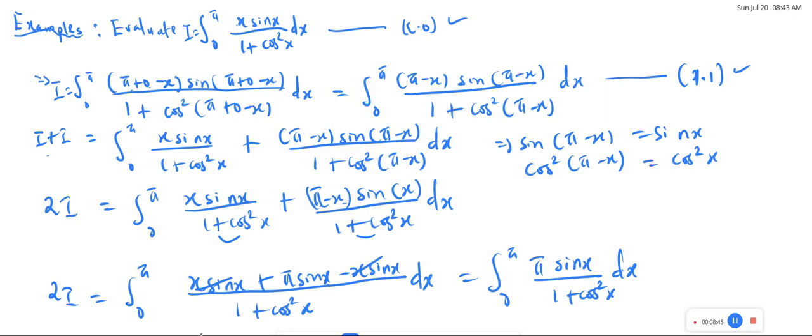We are getting there. Now what you have to do next is to make another substitution. So 2I equals the integral from 0 to pi of sine x over 1 plus cos squared x dx.